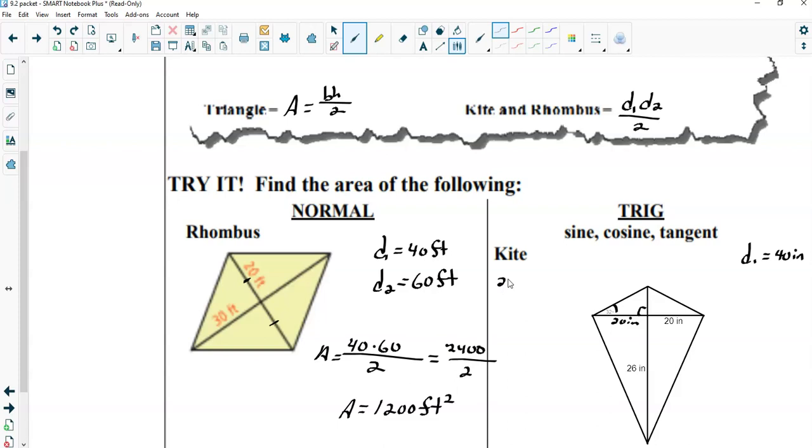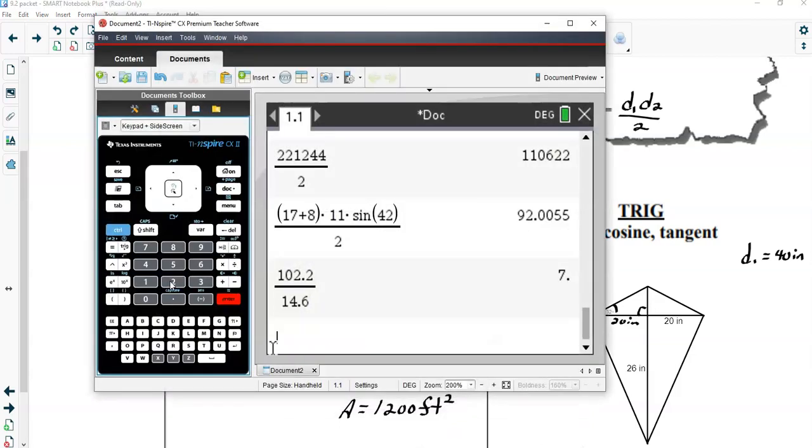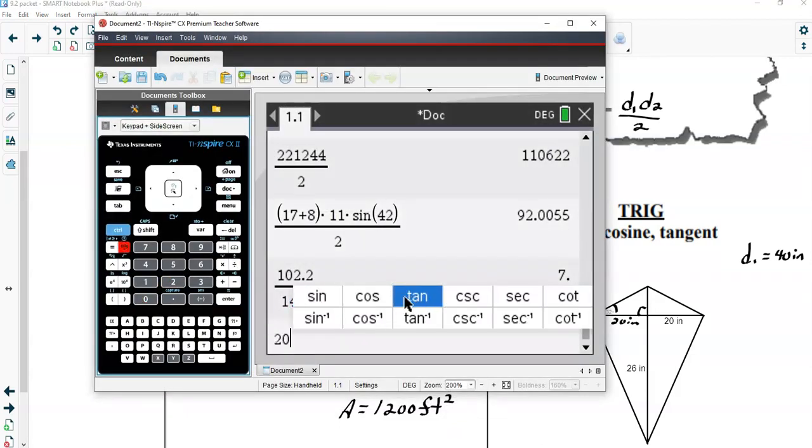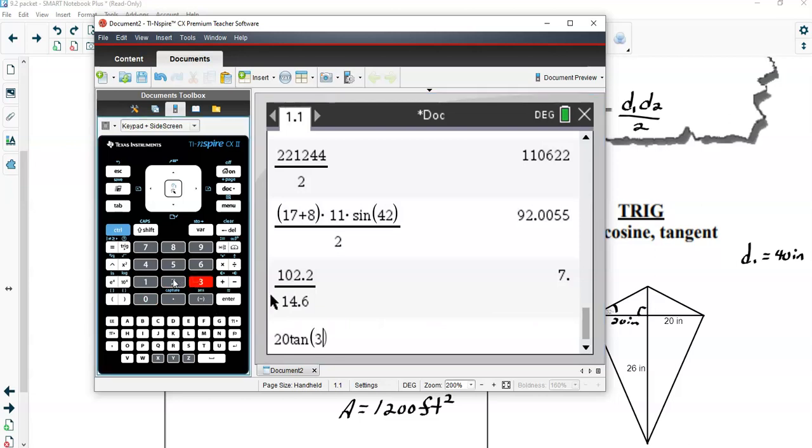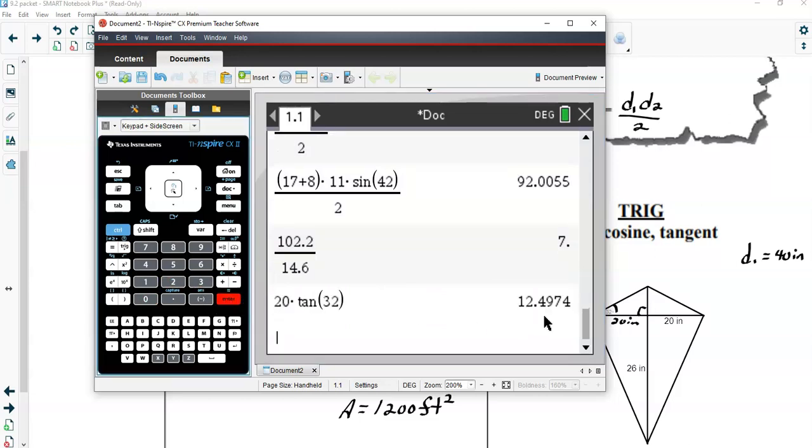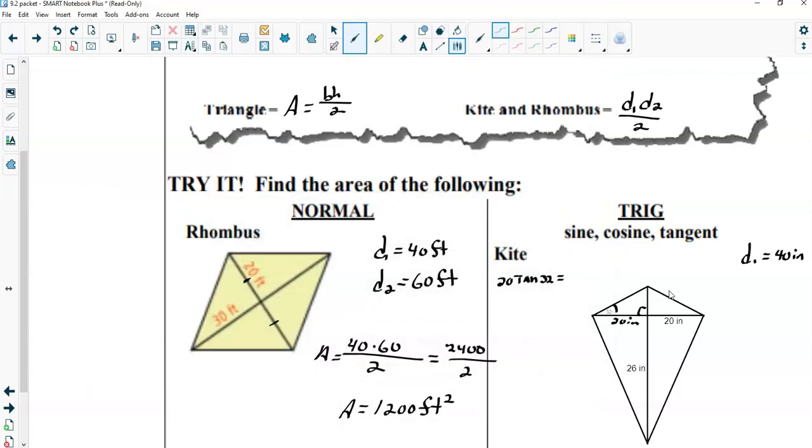So 20 tangent of 32 degrees is going to give me that short part. I could go to the calculator, 20 tangent of 32. That gives me about 12.5. So this right here is 12.5 inches.